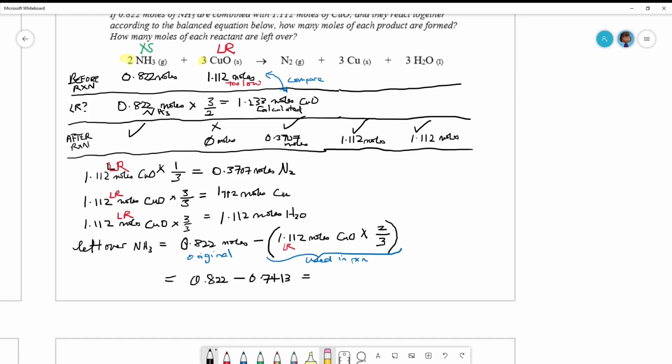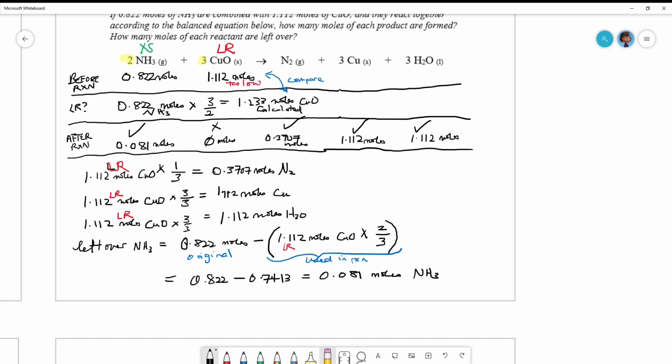And to 3 decimal places, I find that 0.081 moles of ammonia are left over after this reaction. I'm going to write that in over here. 0.081 moles of ammonia end up being left over.